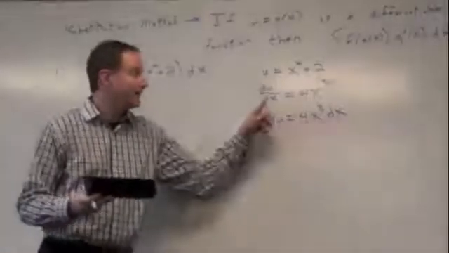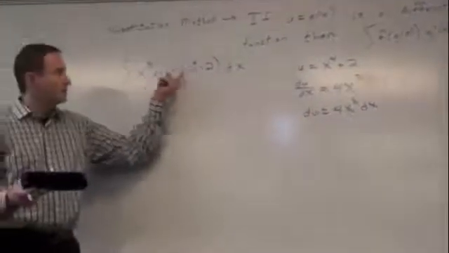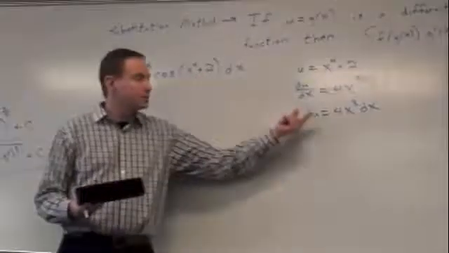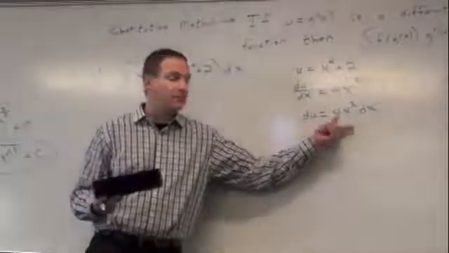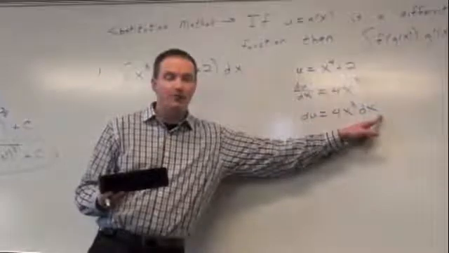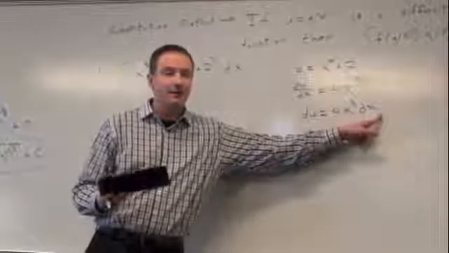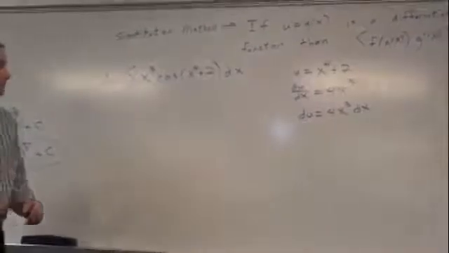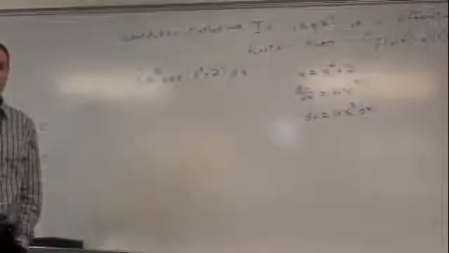So now, when you think about this, you say, do I have what I need in my problem? So all of this is going to become the cosine of u. That's fine. But in order to do that, I need to have it du. So I need to see a 4x cubed dx in there. So what I'm going to do is say, well, I'm going to rewrite my problem, and I'll put a 4x cubed dx in there.